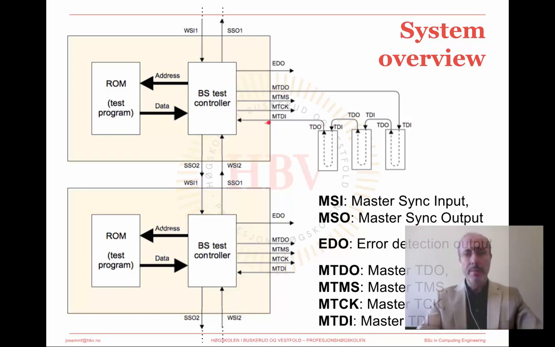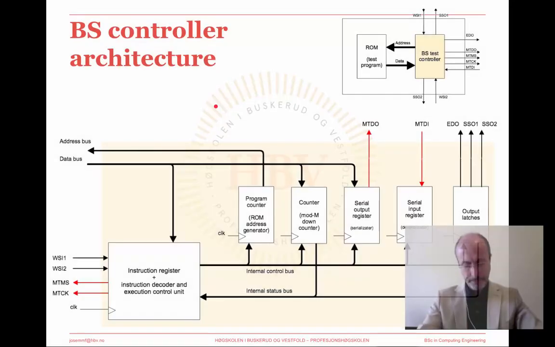For example, the MTDI pin receives the bit stream coming out of the TDO pin of the last device on its boundary scan chain. What you are being asked to develop in this assignment is only the boundary scan test controller that is represented here.